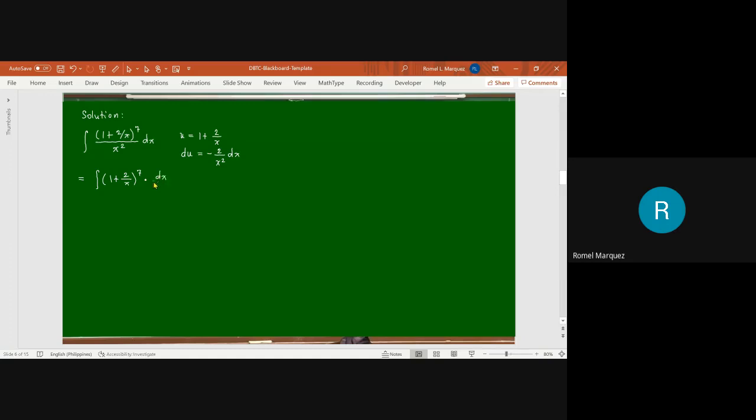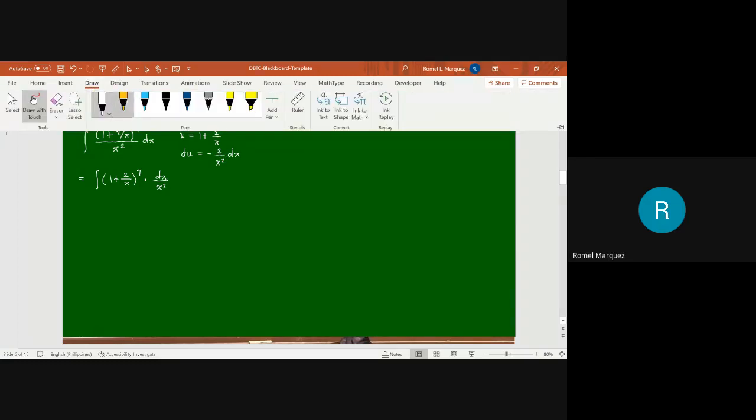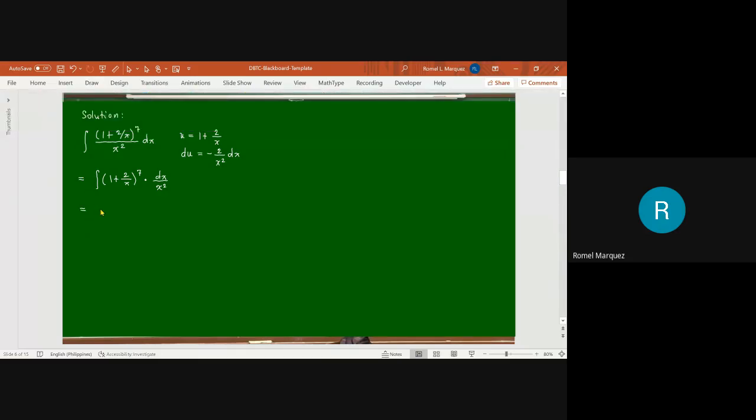So let's rewrite the integral. This is equal to the integral of (1 plus 2 over x) raised to 7 times negative 2, then copy the remaining dx over x squared. So this is what I supplied. Again, what did I supply, children?